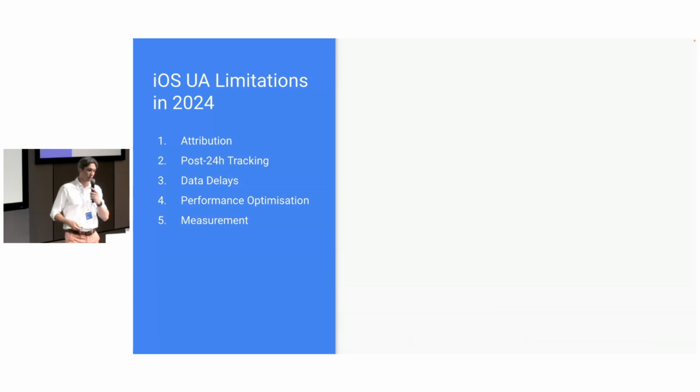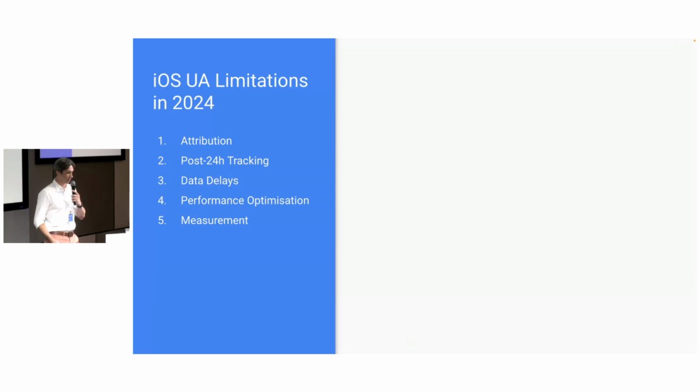Post-install tracking becomes less transparent and less predictable. Data delays affect the decision-making speed and precision. As a result, performance optimization is less effective and accurate. And finally, measuring the results is more about understanding the range rather than exact figures.